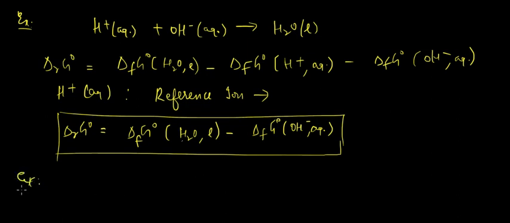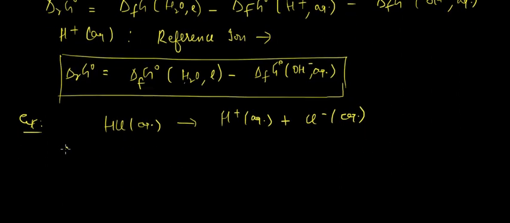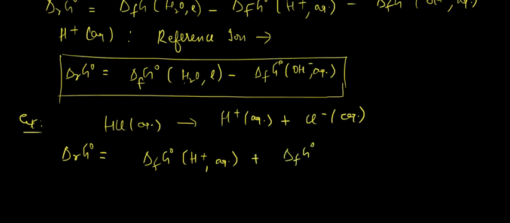or in other words, we'll be considering delta F G naught for H+ to be 0. Okay, next example is we have HCl aqueous giving us H+ aqueous and Cl- aqueous. So again we can write that delta R G naught can be written as delta F G naught H+ aqueous plus delta F G naught Cl- aqueous minus delta F G naught HCl aqueous.